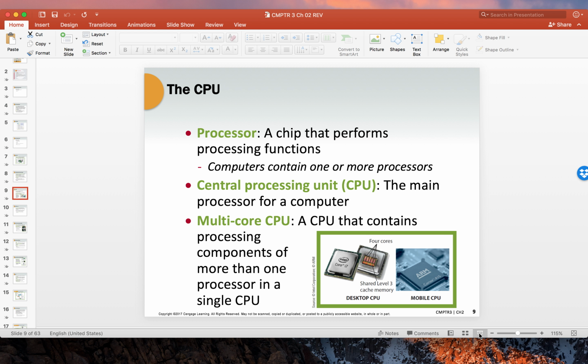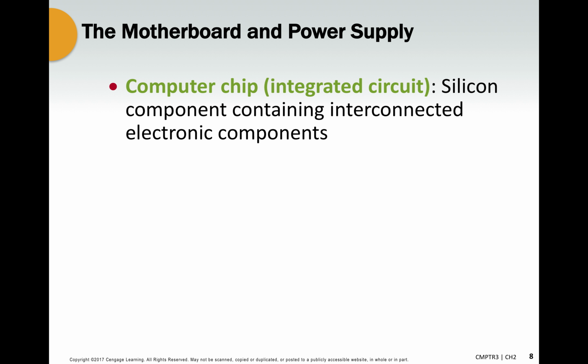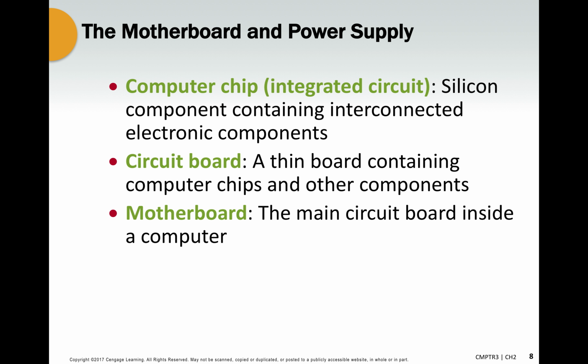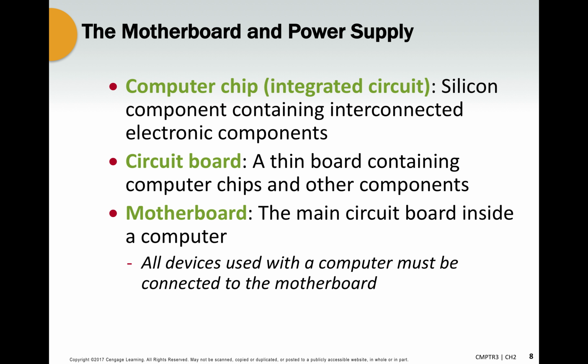So I wanted to go ahead and go over some more information about the concepts that we've been discussing. Yesterday we talked about the motherboard, looking at the computer chip. You guys had some good things on your computer chip and learning some information about that, along with your circuit board.